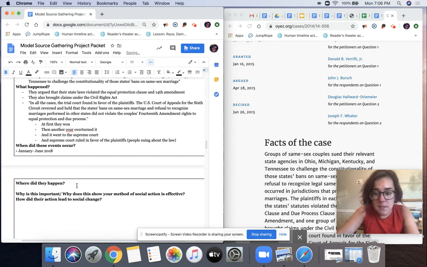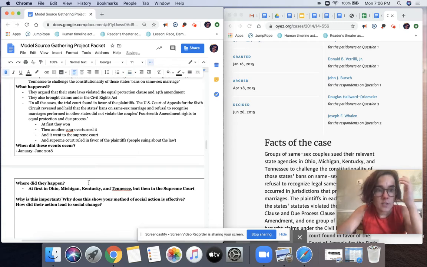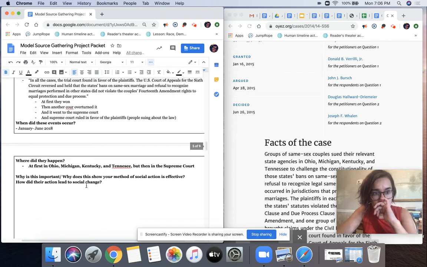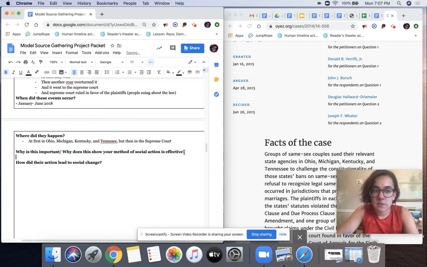Where did this happen? It happened at first in Ohio, Michigan, Kentucky, and Tennessee, but then in the Supreme Court. And then this question is also key. So the two key questions are what happened, because I'm characterizing all the important events that happen, and then why is this important? Why does this show that the method was effective?